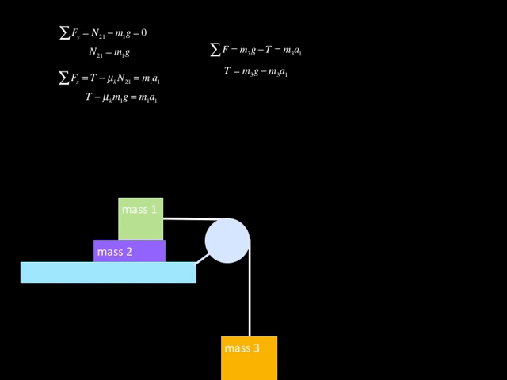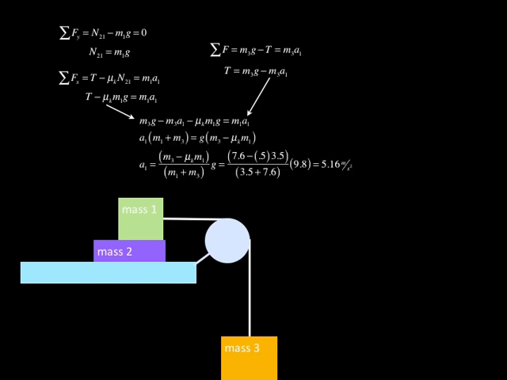So looking at the equation in the y direction for m1, we see that the normal force is equal to m1g, just as it was before. Looking at the equations in the x direction for mass 1 and the equation for mass 3, we find that the tension and acceleration are related, and we can combine these to form one equation that gives us the acceleration.